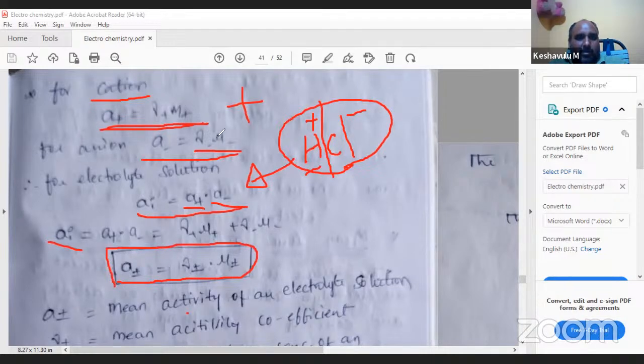Just make note of this. This is all M only. Sometimes this may be written looking like mu, but you may write M only. That is a concentration only, right? So just make the difference. Here it will look like mu, but that is not mu. This is the M only. Yes, understand?